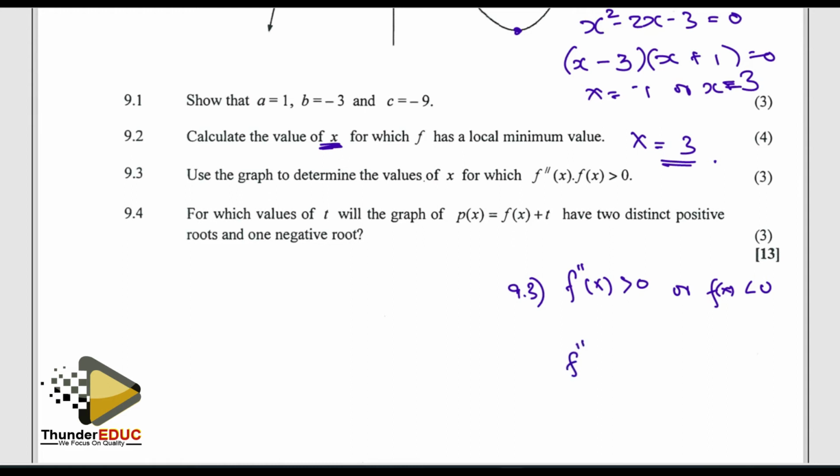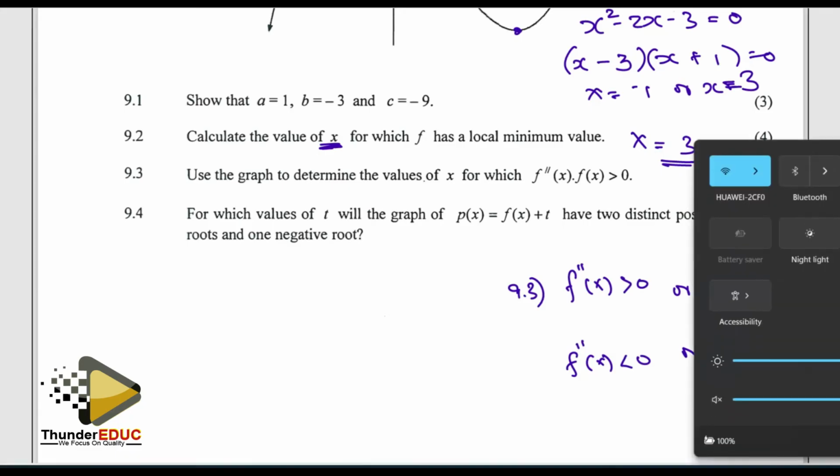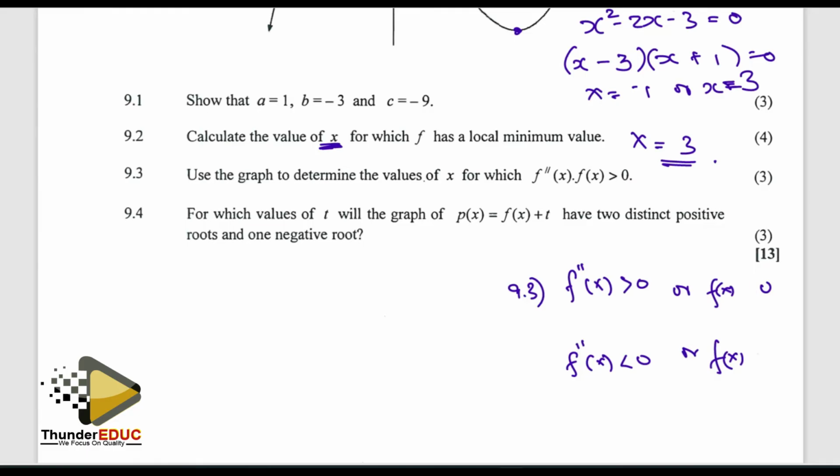Why am I saying that? If one is greater, the other must also be greater, since the product is greater than 0. And if it's less, then the other must also be less than 0.